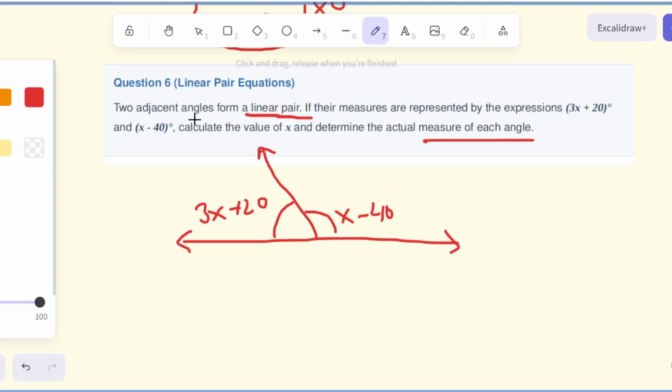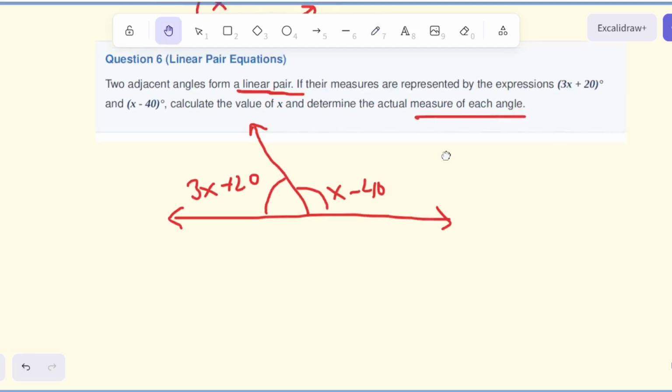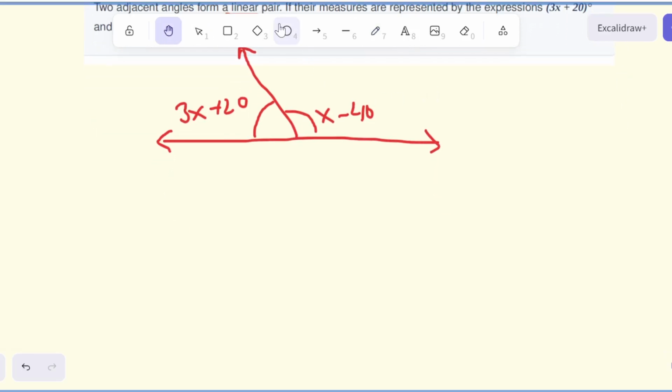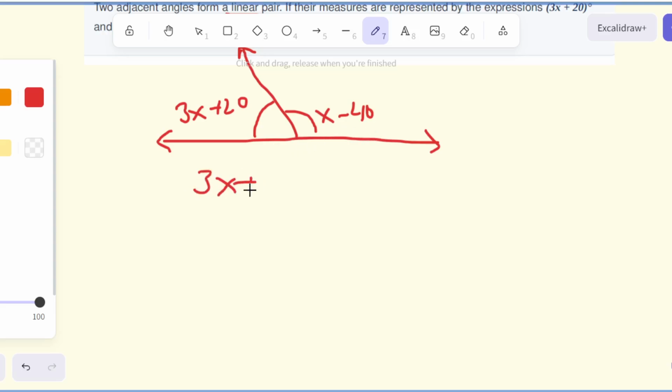When a ray stands on a straight line, the two adjacent angles formed are said to form a linear pair, and they add to 180. That's the main thing. So these two angles form a linear pair, so definitely they will add up to 180. Let's put it equal to 180.